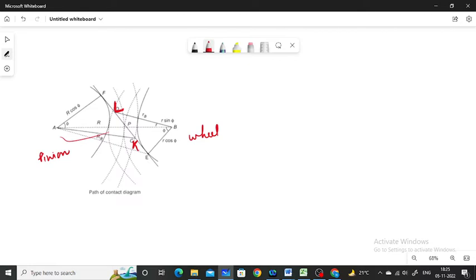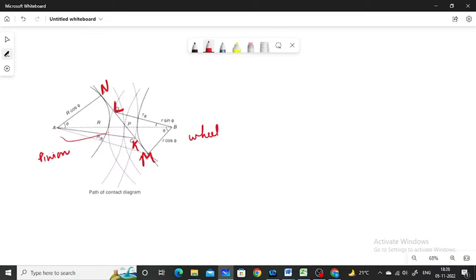MN is the common normal at the point of contact and the common tangent to the base circle.